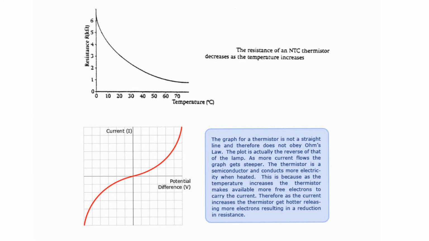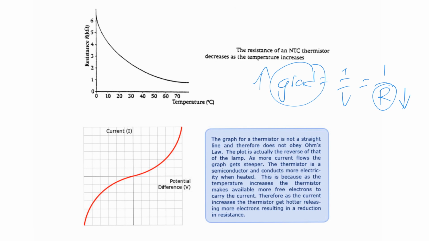So when you draw the IV graph for a thermistor, it will be using this same concept I taught you. So you draw a line from the origin, so the gradient of that line on the IV graph would give you 1 over R. So since we know the resistance would drop, the gradient has to increase. That's why you notice that the graph here curves upwards.